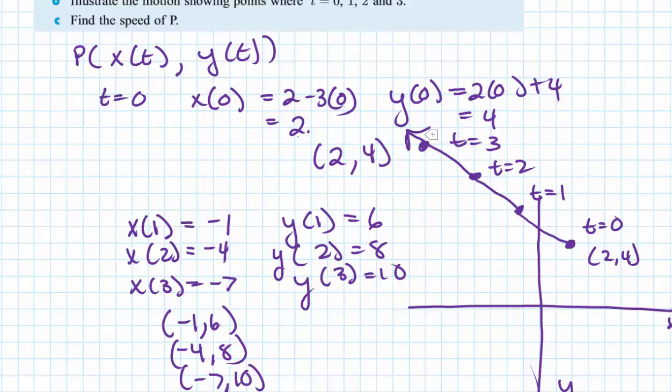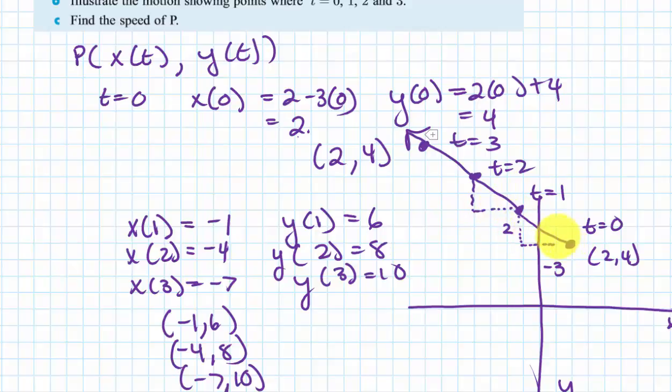So if we're going to find the speed of p, for every second you can see that the horizontal component is negative 3 and the vertical component is 2. So horizontal is negative 3, vertical is 2.